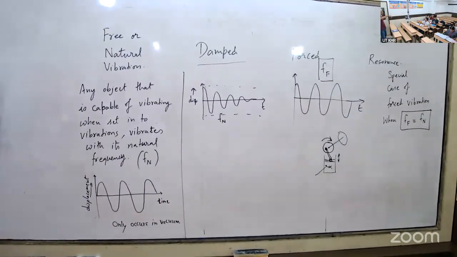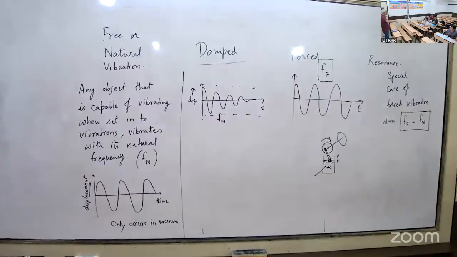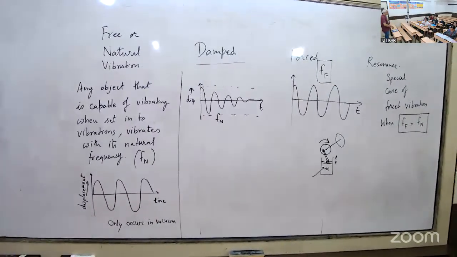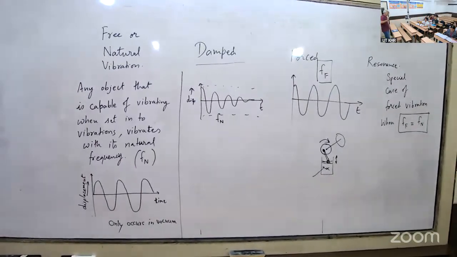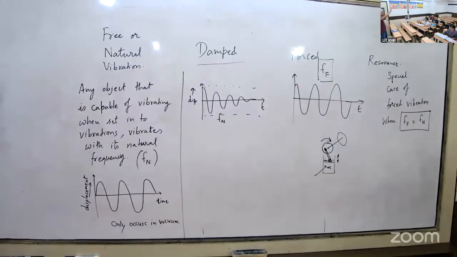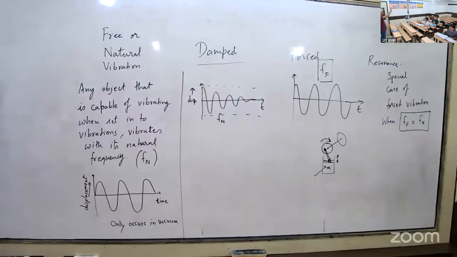Let us say the swing frequency was 10 oscillations per second. बहुत ज़्यादा हो गया. 2 oscillations per second. And the mother is also applying the push 2 times a second. Then you will realize that the swing actually oscillates with a much larger amplitude.